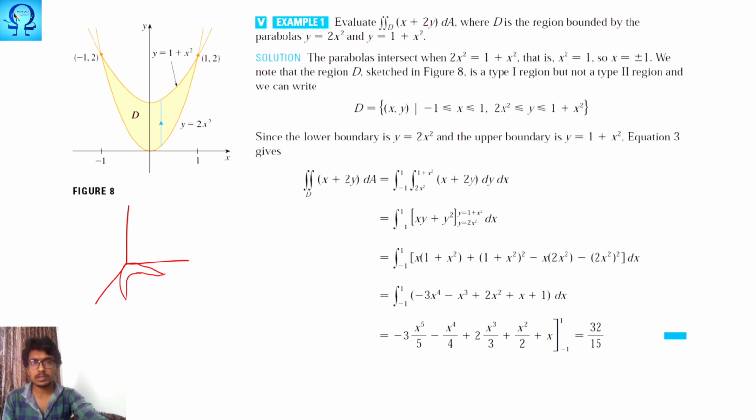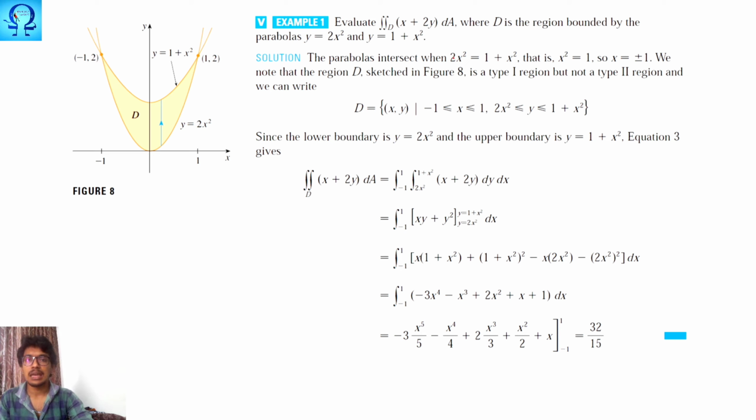You have x plus 2y, this is another plane. This is what you will have to calculate, something like this. That is not plotted here, but anyway, that is the ideology that we have to follow.